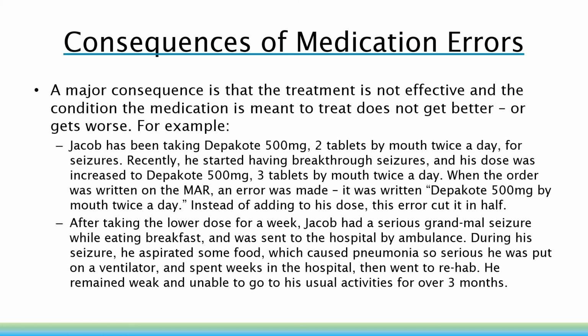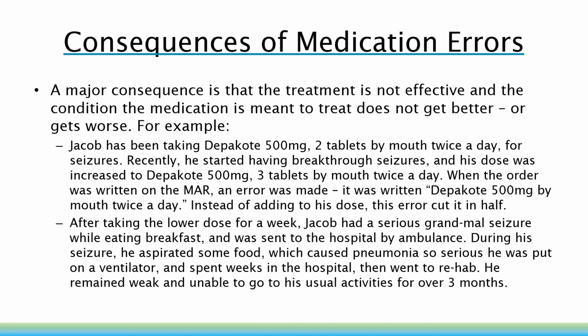Consequences of medication errors. A major consequence is that the treatment is not effective, and the condition the medicine is meant to treat does not get better or gets worse. For example, Jacob has been taking a medicine, 2 tablets by mouth twice a day for seizures.